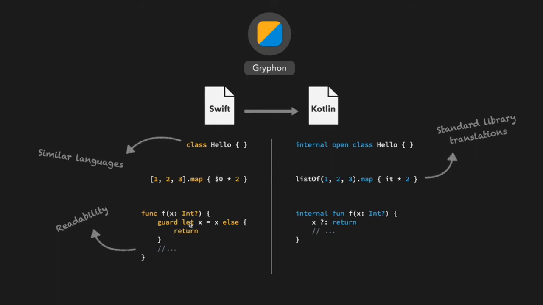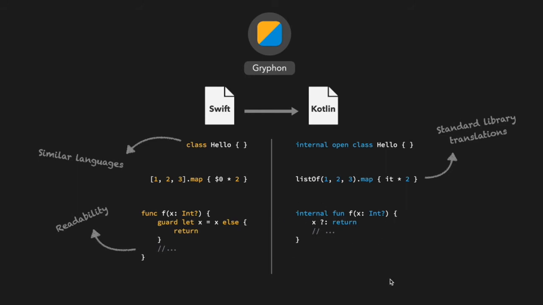So this guard let x equals x else return does exactly the same thing as this x question mark colon return. It checks if x is null, and if x is null, it returns. If it's not, it goes on. It's exactly the same behavior, but in Kotlin, it's a bit shorter.